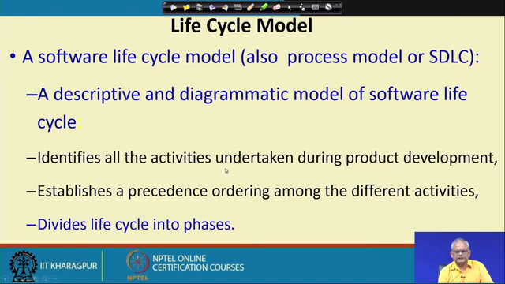Every software is developed through different types of activities, and a life cycle model represents all these activities. And not only does it represent the activities, but it also establishes a precedence ordering of which activities should be done after which one, and divides all these activities into phases, that is, which activities should take place in which phase of development.